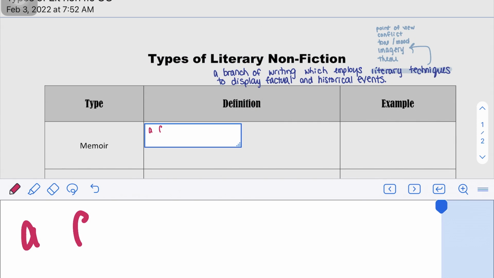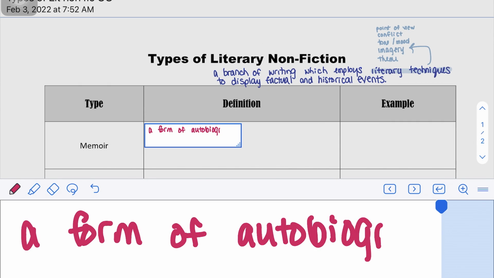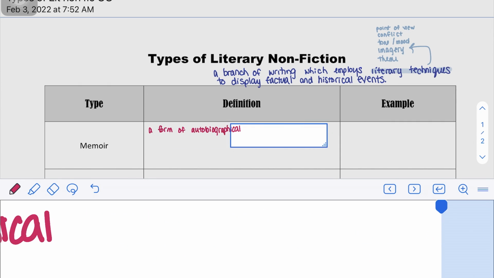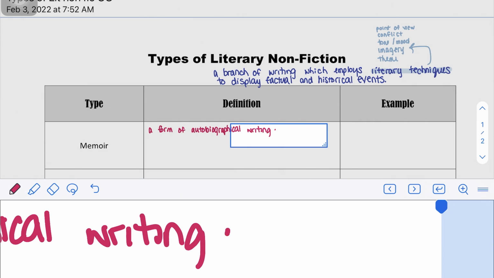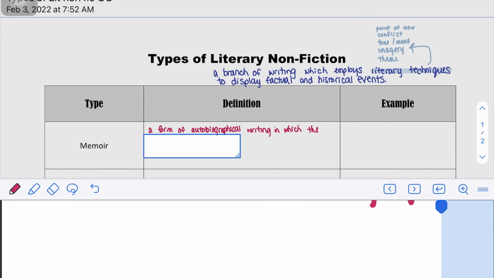So the first type of literary nonfiction that we're going to primarily be focusing on is a memoir, a form of autobiographical writing in which the writer focuses on their involvement with noted people or significant events.